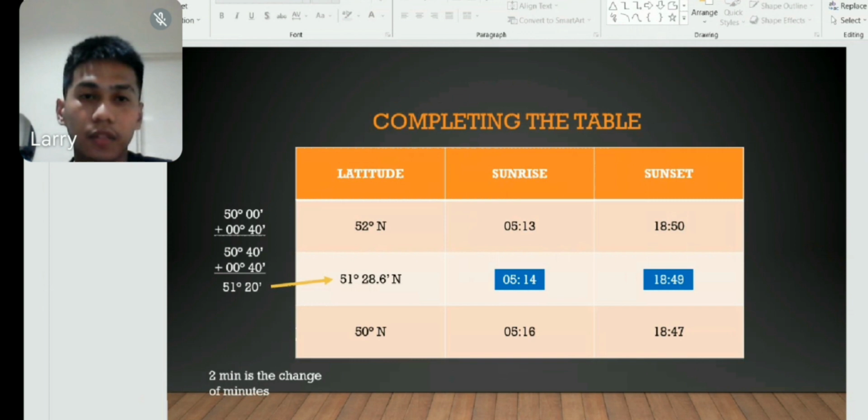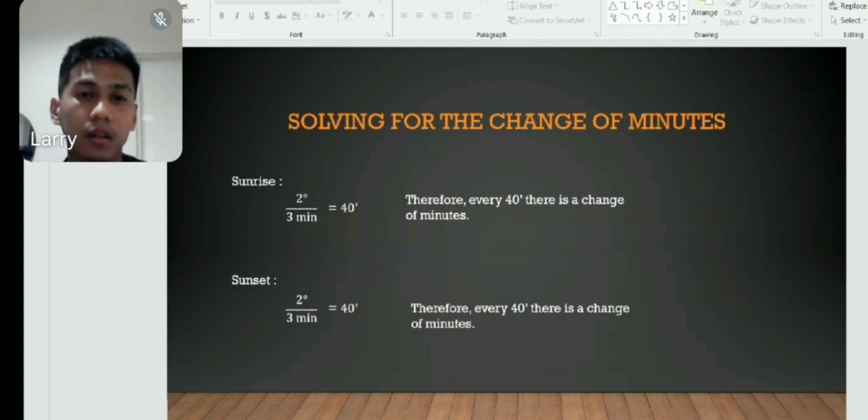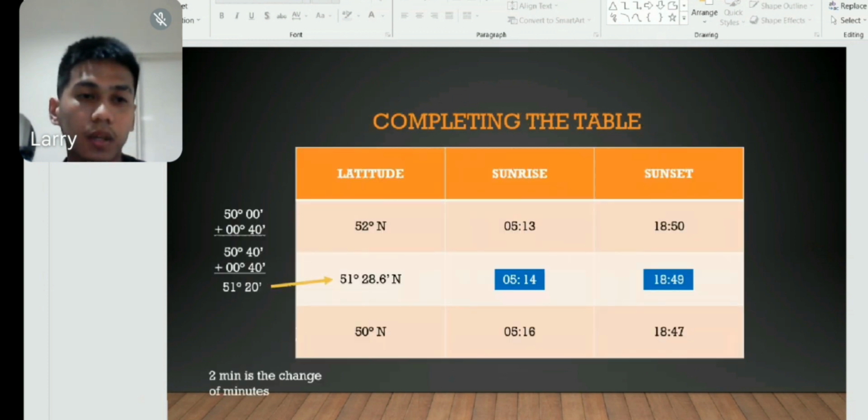So after that, we must complete the table. Since we have already computed the change of minutes, 50 degrees 40 minutes, plus 40 minutes, will give us the result of 51 degrees 20 minutes.